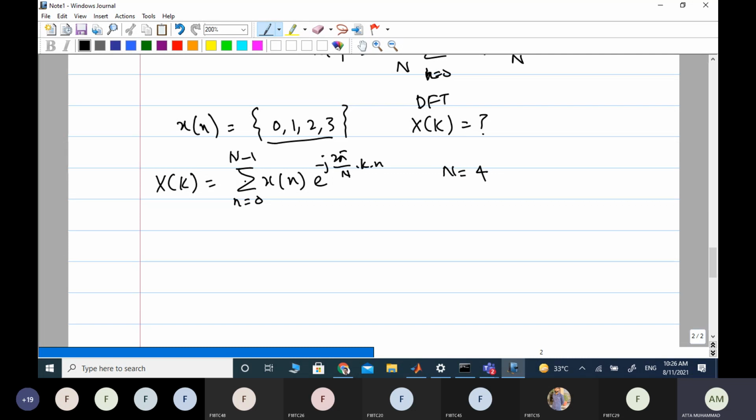And the number of points are from 0 to N minus 1, so N minus 1 is 3. So I can rewrite this as X of k equals summation n from 0 to 3 of x of n e to the power minus j 2 pi by 4 times k times n. Okay.